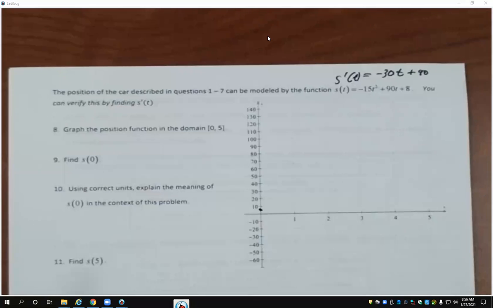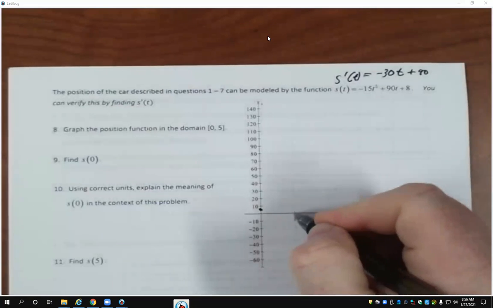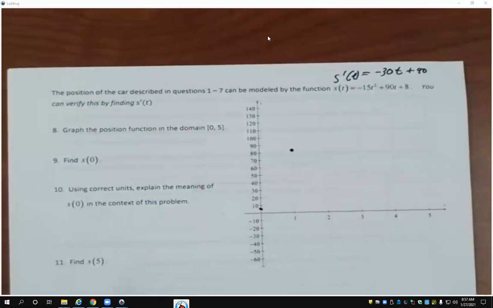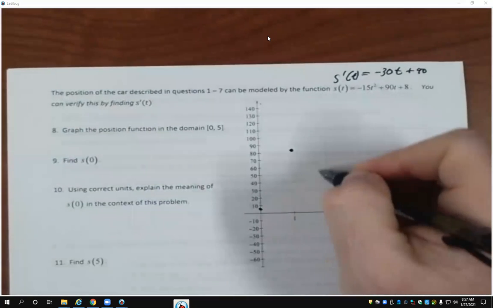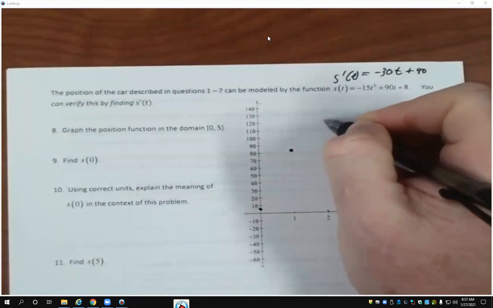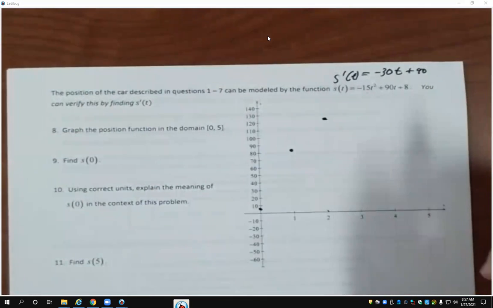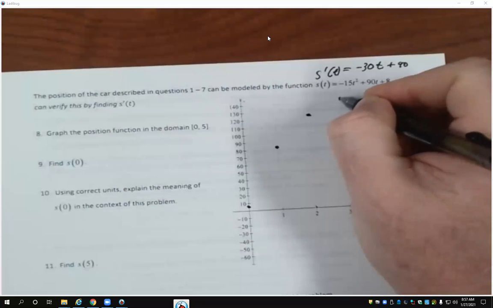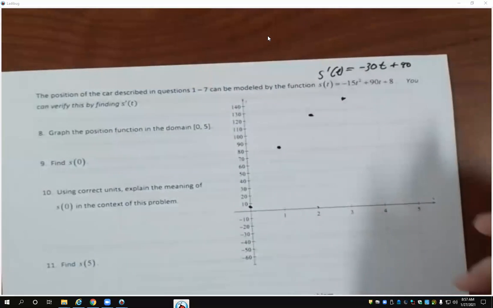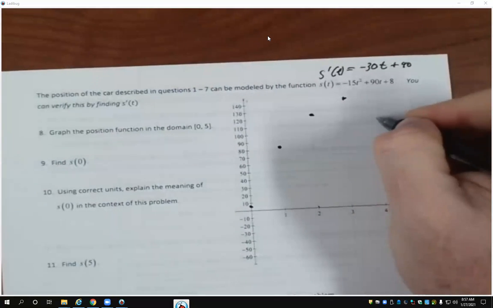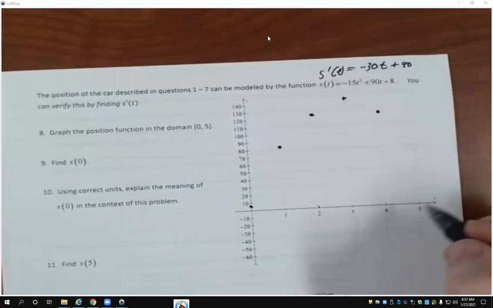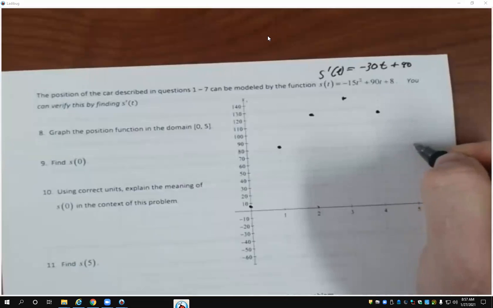At 1, we're at 83, a rough estimate of where it's at. At 2, we're at 128, just under 130. At 3, we're at 143. At 4, we're back down to 128. At 5, we're at 83.